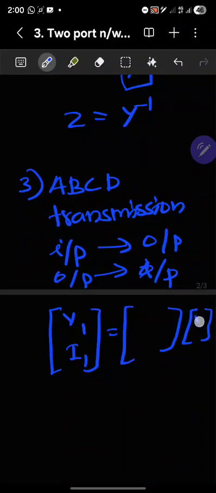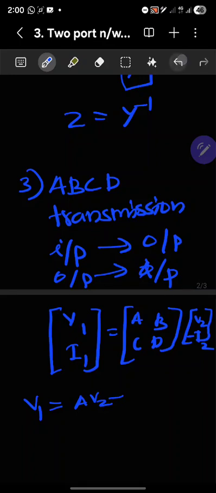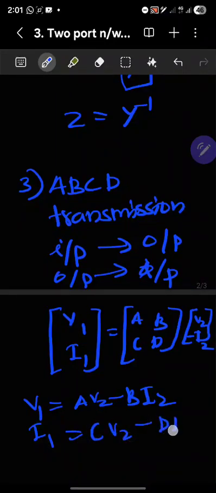Output is V2, and here there is a difference: I2 will be considered negative. Why negative, we will discuss below. So this is the expression. We get V1 is equal to A V2 plus, sorry, not plus, it will become minus B I2. I1 is equal to C V2 minus D I2. Hope this is clear.